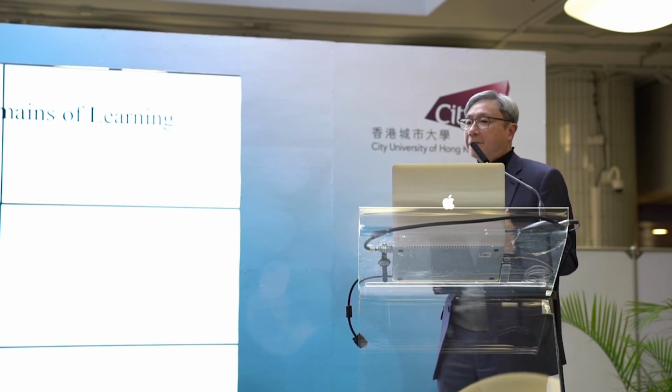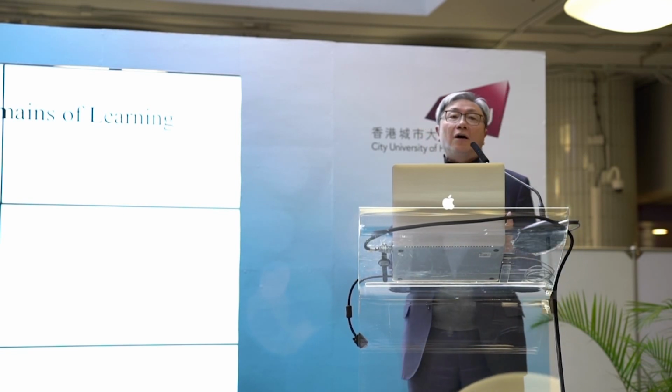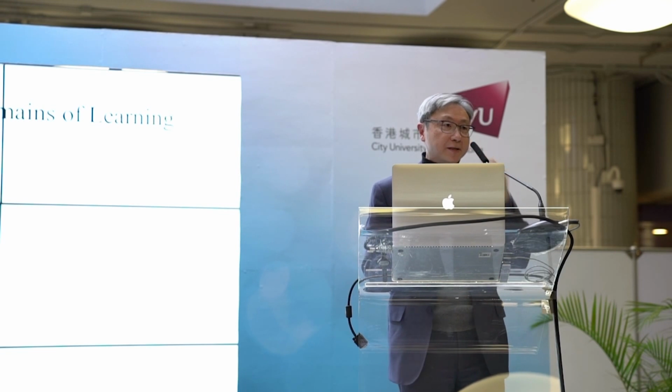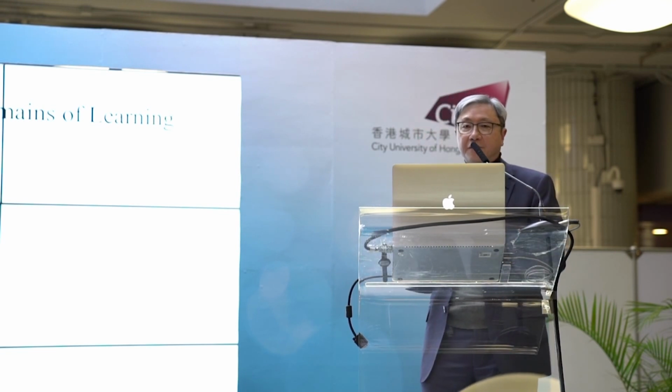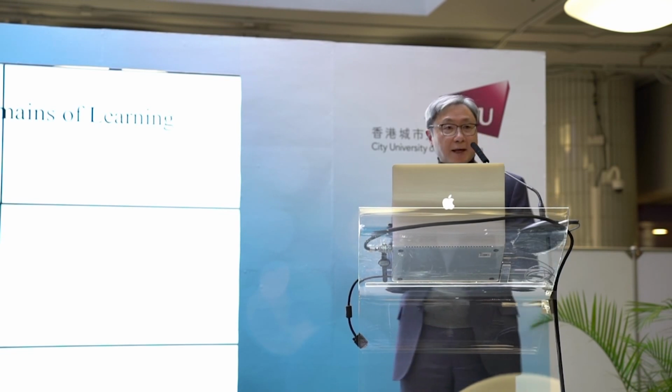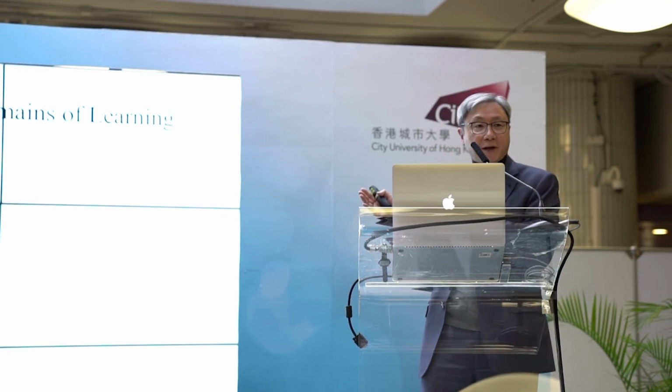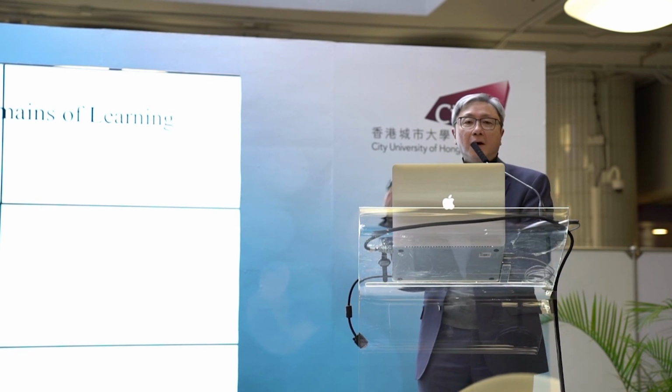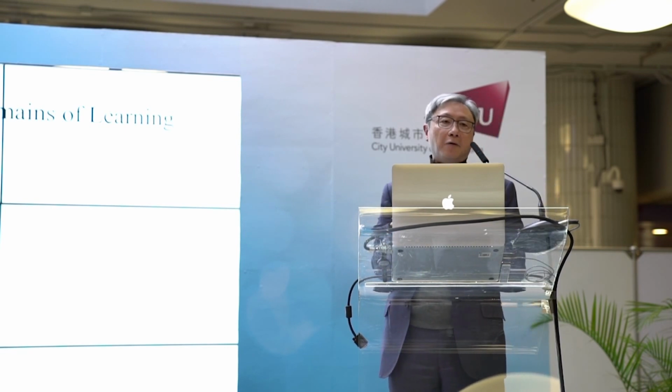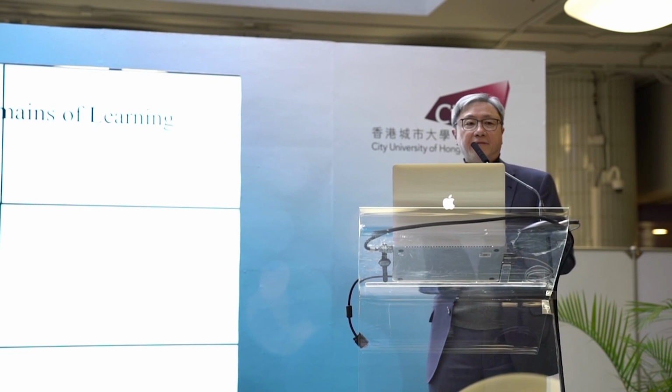The first learning domain we are talking about, and we all know about it, is the Bloom taxonomy. The Bloom taxonomy actually deals with the cognitive aspect of learning because it defines successive levels of knowledge acquisition and utilization in the forms of learning outcomes, successively more sophisticated learning outcomes. But that deals with the cognitive aspect.